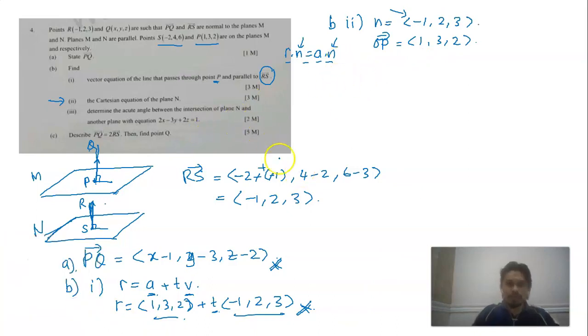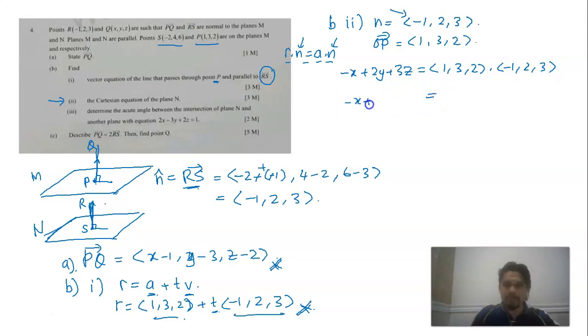Okay, so recall the n here is RS. r dot n is negative x plus 2y plus 3z equal to a dot n, where a is (1, 3, 2) and n is (-1, 2, 3).